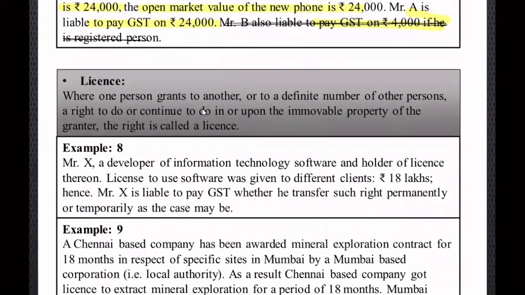Because whenever exchange happens, we'll see this in the chapter value of supply. There you will read that whenever there is an exchange of a product, we tend to find the market value of that product, so as to determine the tax liability on it.